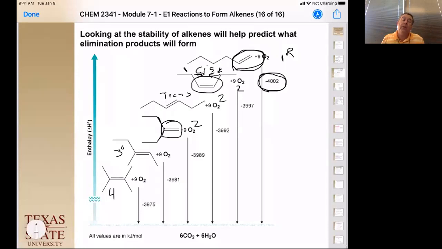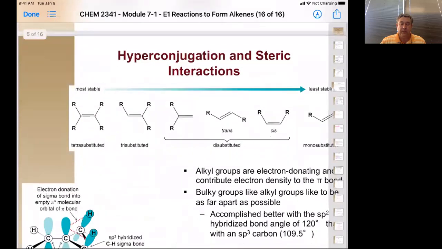So when we're thinking about which product is going to form, we want to think about this stability scale. If I take alpha hydrogens from this side, I get a cis product. If I take alpha hydrogens from this side, I'll get a trisubstituted alkene, and it will form that more stable alkene whenever possible. Okay.